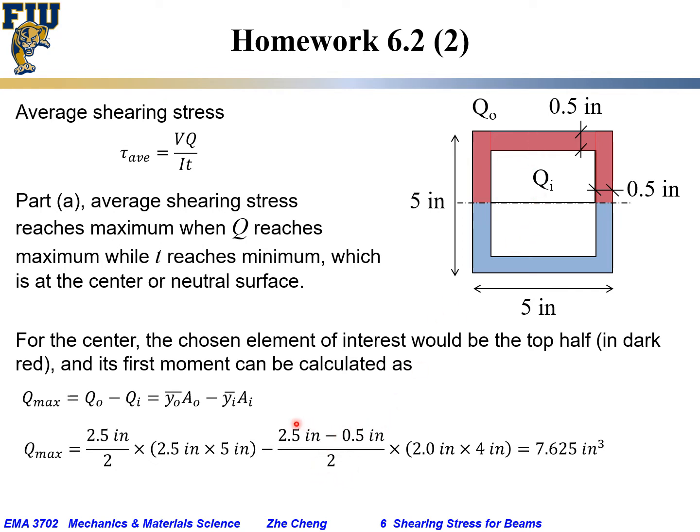That gives us the y bar, and the area would be 2 times 4. If we plug the numbers in, we get the first moment for this C-shaped or half link from the top would be 7.625 inch to the power of 3.